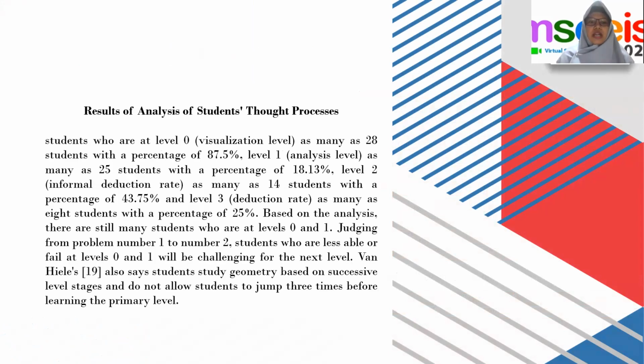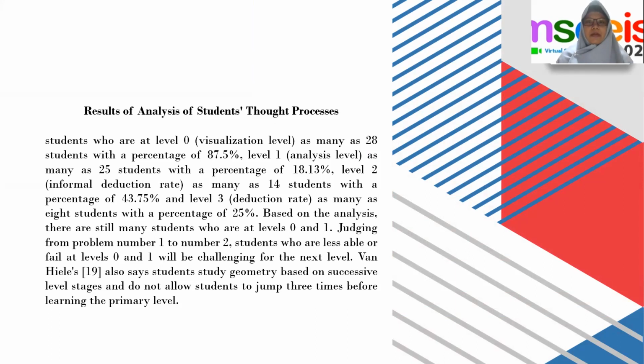Students at level 0, the visualization level, number 28 students with a percentage of 27.5%. Level 1, the analysis level, 25 students with a percentage of 18.13%.